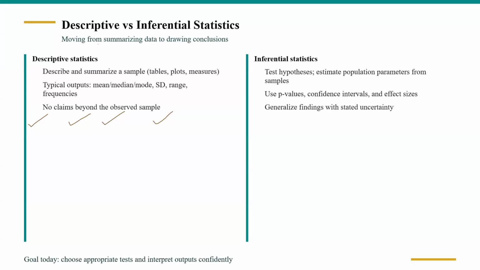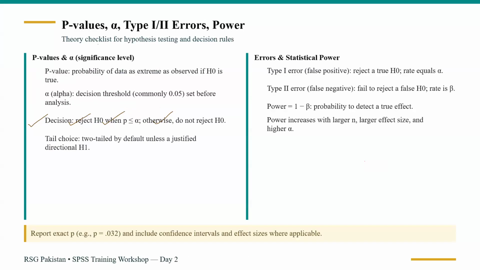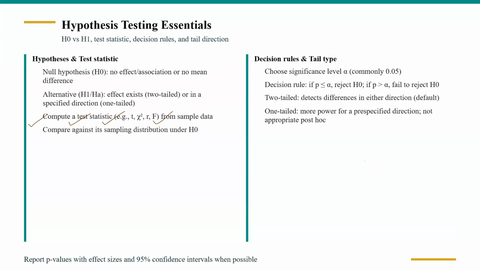So today's goal is to learn the right statistical test and how we can interpret our outputs confidently. What is a hypothesis? I usually define a hypothesis as any statement that can be falsified or tested.